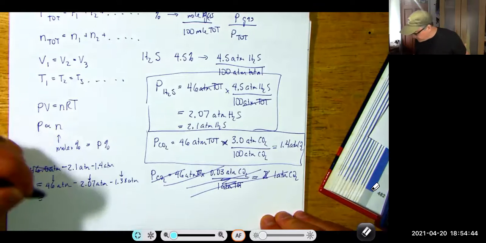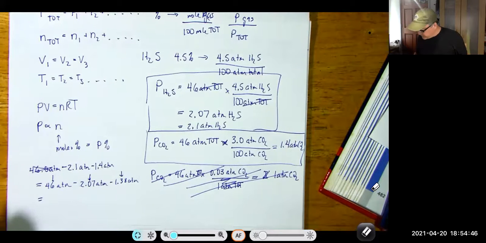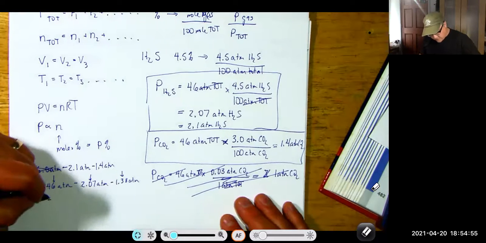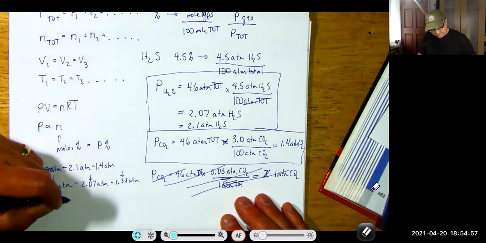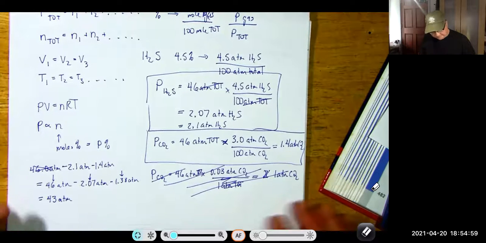Let's see what we get. 46 minus 2.07 minus 1.38, and we get 43 atmospheres. Now, why am I rounding to the ones?